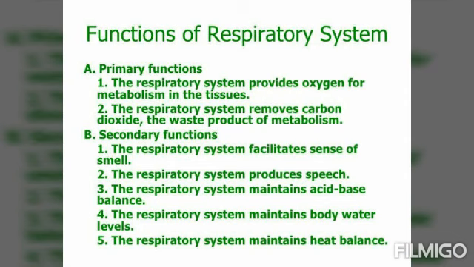Some of the secondary functions are: the respiratory system facilitates sense of smell, and it also produces speech, and it also helps in maintaining acid-base balance. The respiratory system also helps in heat balance and also maintains body water levels.